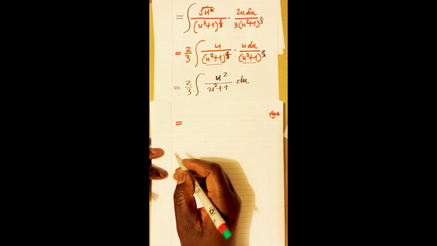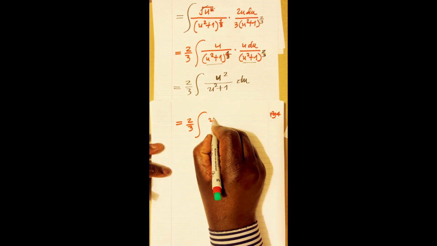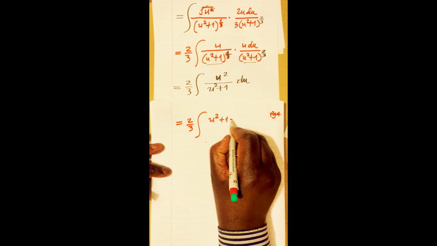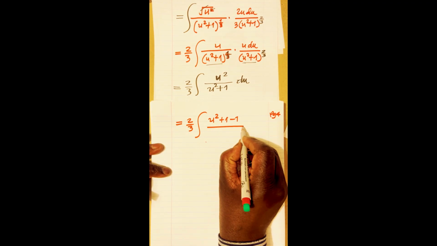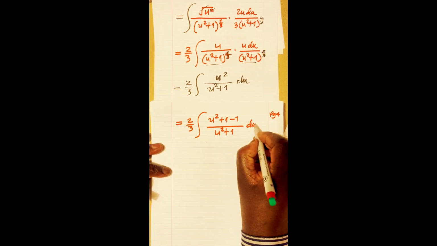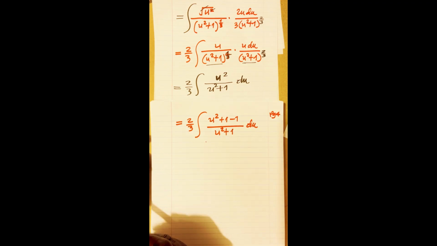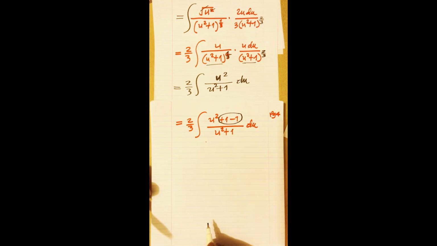I'm going to introduce the special 0 in the numerator, 2 over 3 outside. Watch this. u squared plus 1 minus 1. There is your special 0 right there, all over u squared plus 1, and we're saying du. Let me just circle it. There is your special 0. So I haven't changed the integral at all.